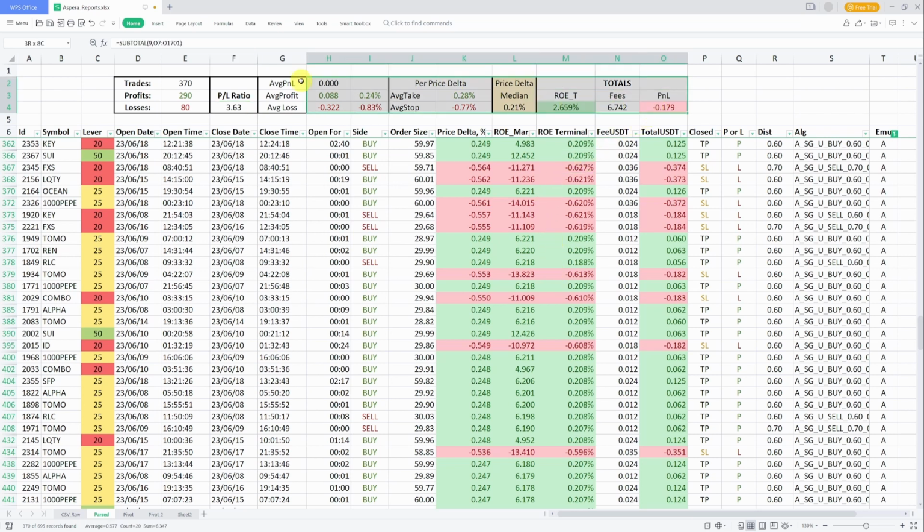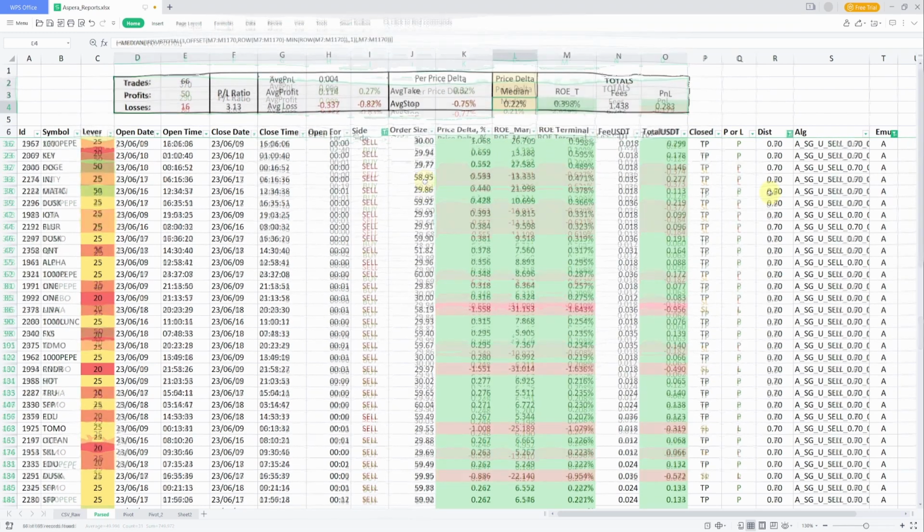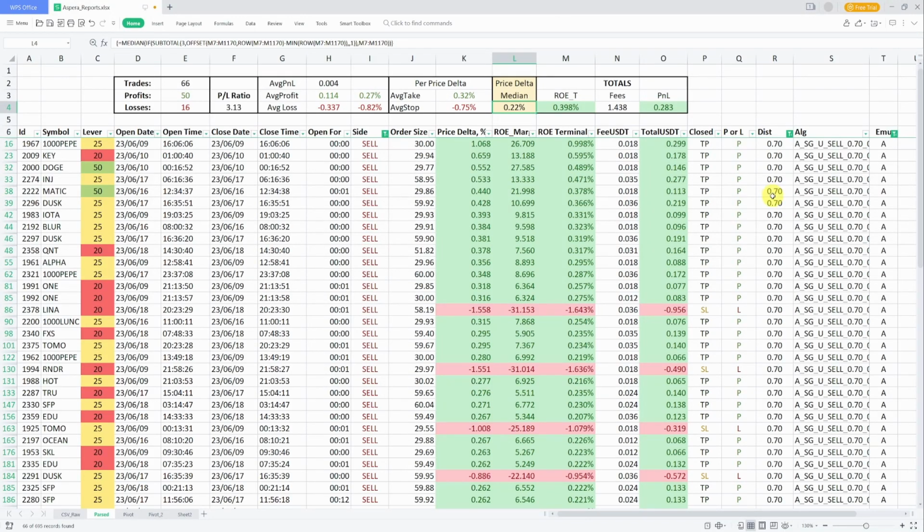There's so much more stuff going on here, but I want to keep it focused, and as you remember, I try to change one thing at a time to see how exactly that affects my trading. So I'll leave the distance as is, and I will go and change my stop loss to 0.7 on all of them. Let's go do that right now, actually.